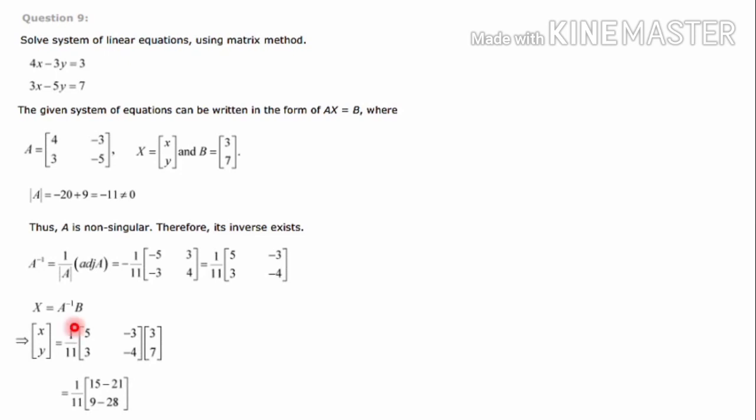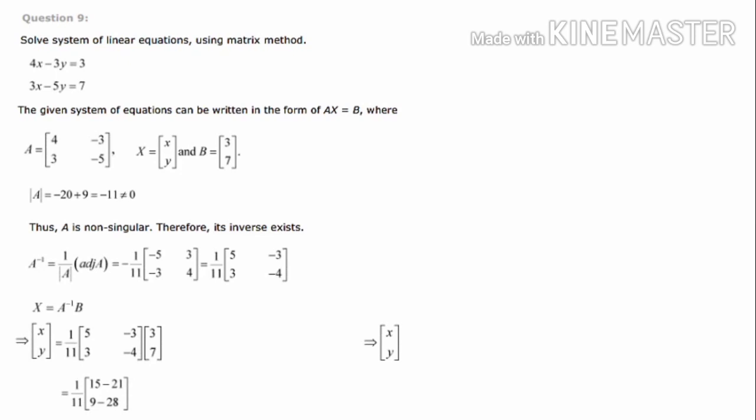That is equal to 1 by 11 into, let's calculate the product of these two matrices. First row with the first column, 5 into 3, 15. Minus 3 into 7, 21, that is 15 minus 21. Second row with the first column, that is 3 into 3, 9, minus 7 into 4, 28, that is 9 minus 28.